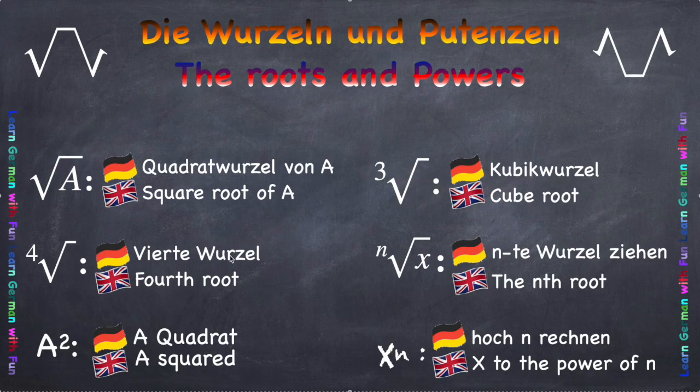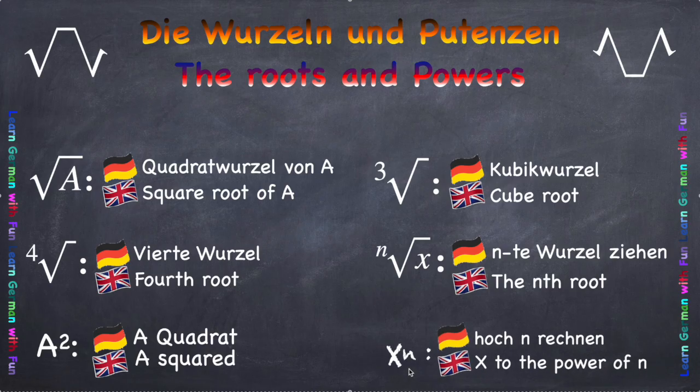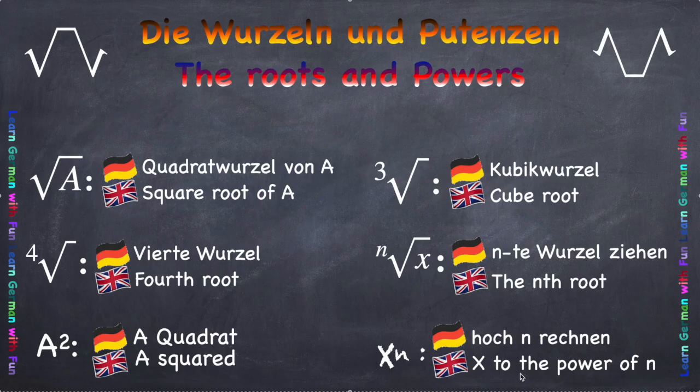Vierte Wurzel in German, fourth root in English. And in a general form, n-te Wurzel ziehen, and in English, nth root. Also for the term A Quadrat in German and A squared in English. And in the general form, we have hoch n, and in English, x to the power of n.